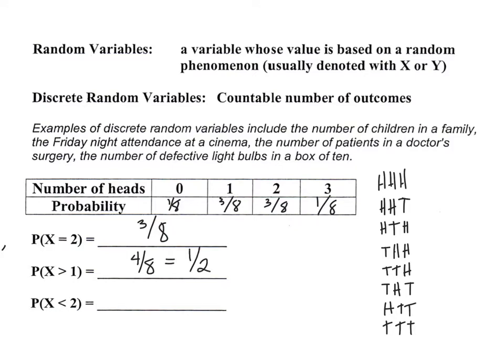And the probability that we are less than 2, meaning down here, less than 2, is 4/8 again, or 1/2. So again, this is a discrete random variable because, if I said I'm flipping the coin 3 times, counting the number of heads, there were only these 4 possible outcomes. Okay? In the next video, we're going to talk about how to calculate the expected value.